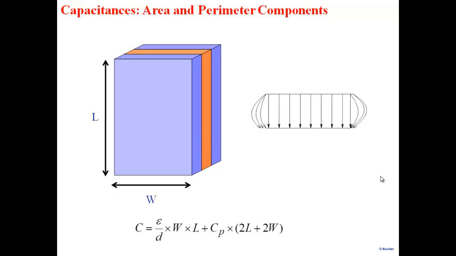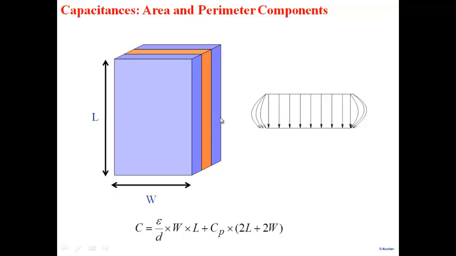So the capacitance then has two parts here. Epsilon by D that you see here is the normal parallel plate capacitance that you're familiar with. That would be epsilon by D, capacitance per unit area, multiplied by W into L, which is the area of the plate. So that's one capacitance that we are familiar with. Then there's another capacitance that comes about because of this fringe electric field, the fields at the edges.